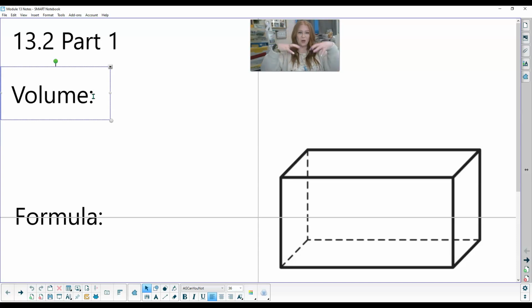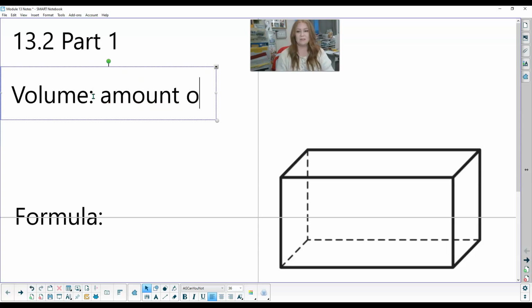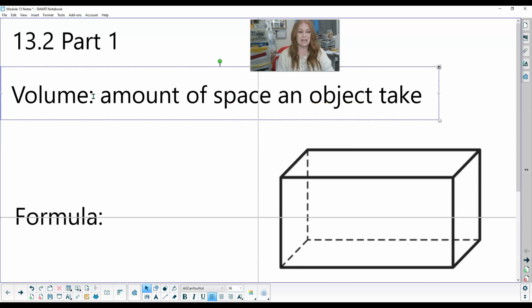When we're talking volume, we're talking how much space does it take up? What can fit inside of that shape? Volume is the amount of space an object takes up. So we have to calculate 3 dimensions to get volume. We can't unfold it flat.